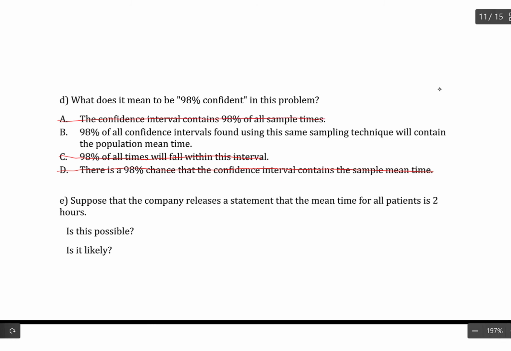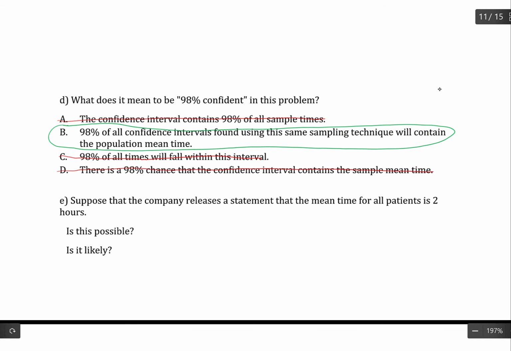The one thing that you need to understand when it comes to confidence intervals is that if you constructed a whole bunch of confidence intervals, like say you constructed 100 confidence intervals, if you have 98% confidence in your results, then 98 of 100 similarly constructed confidence intervals would contain the population mean. So that is how we interpret these, and that's basically what's being stated in part B.